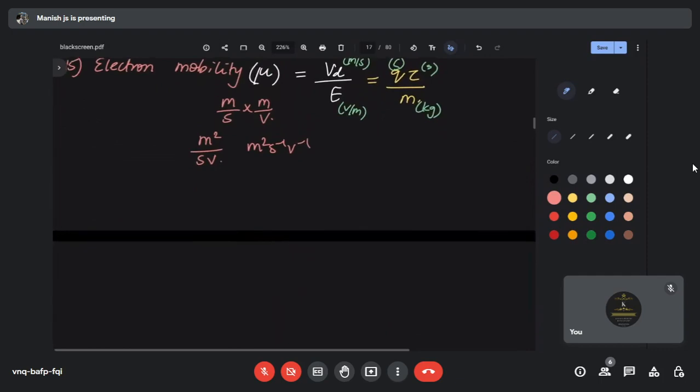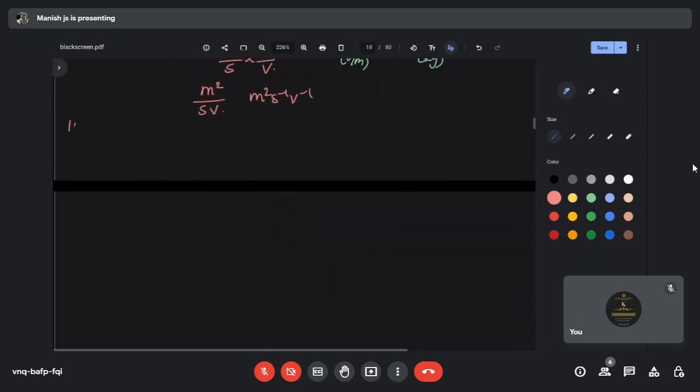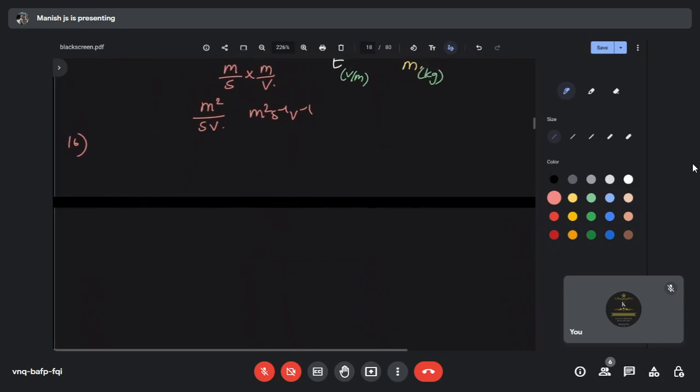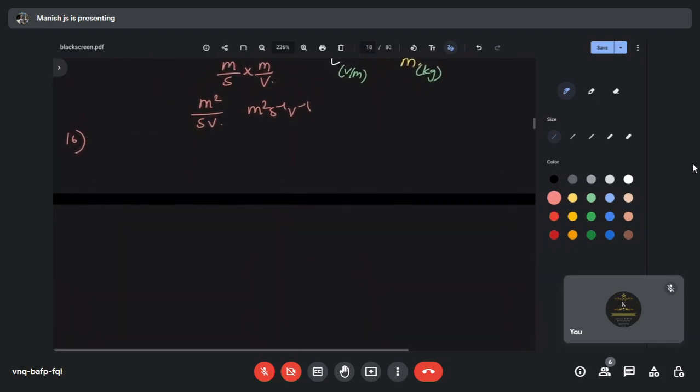Then moving on, the relation between mobility and electric current.